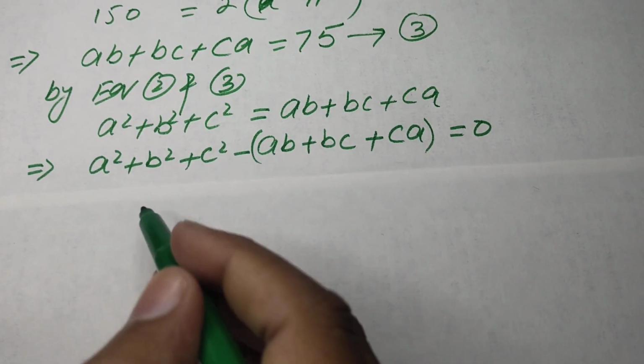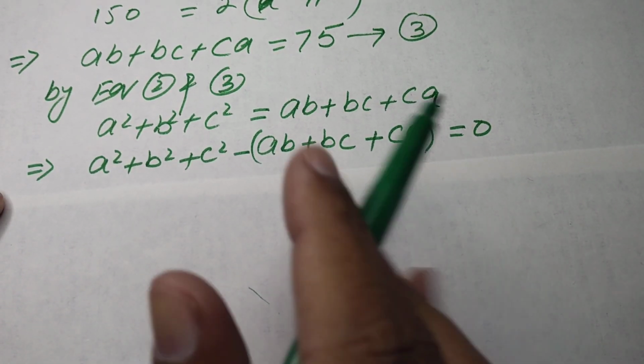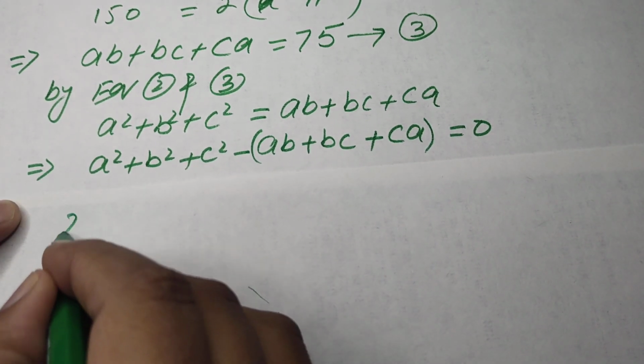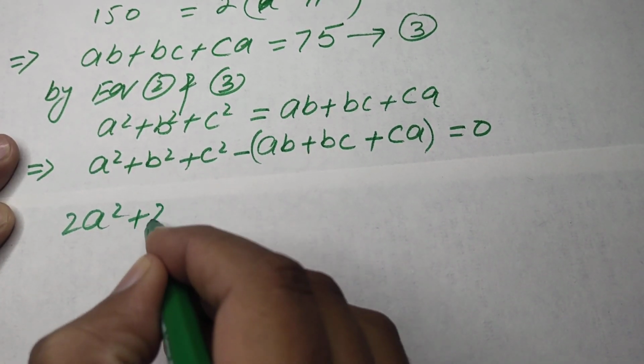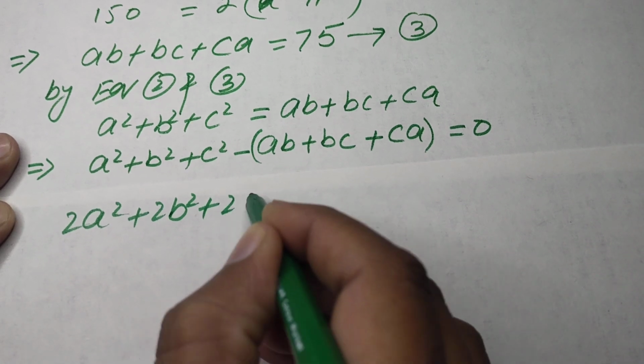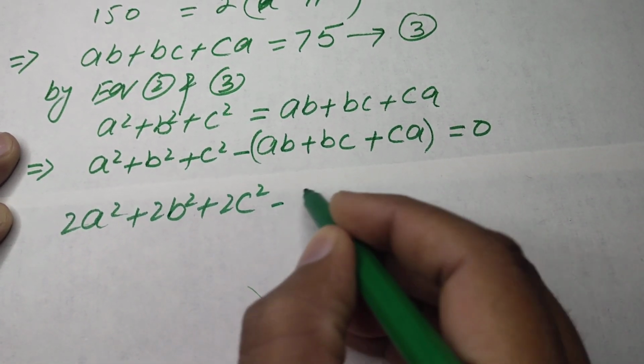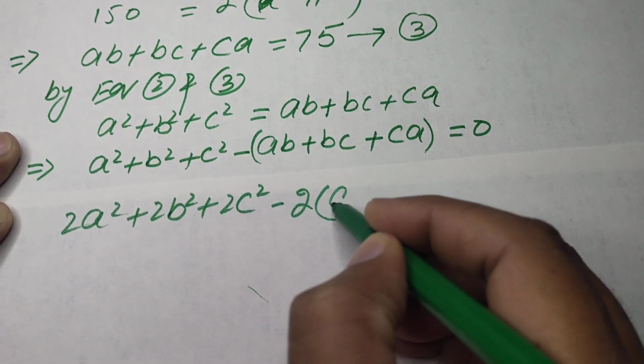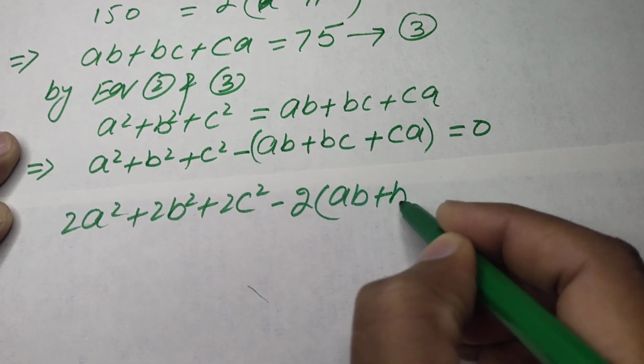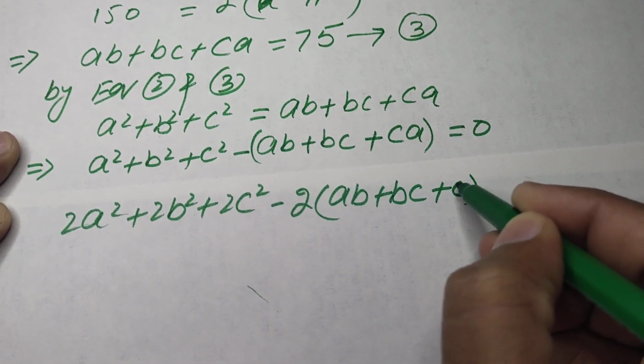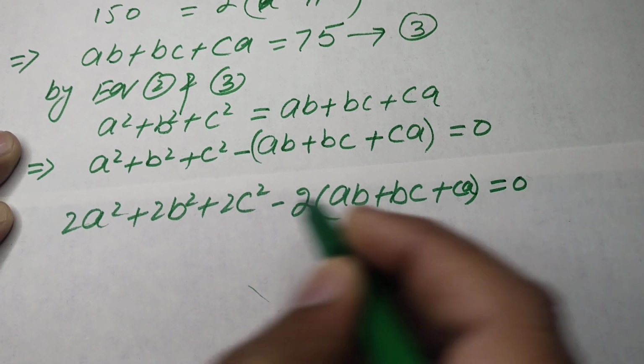After that, I can multiply both sides by 2, and I will obtain 2a square plus 2b square plus 2c square minus 2 times of ab plus bc plus ca is equal to 0.